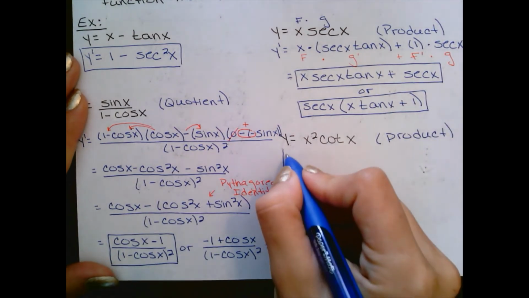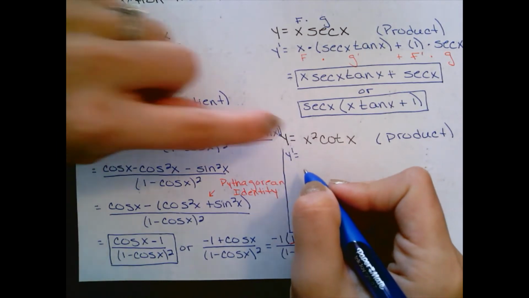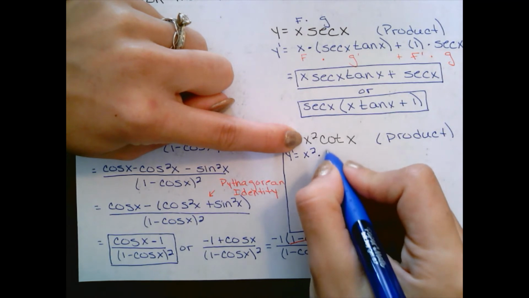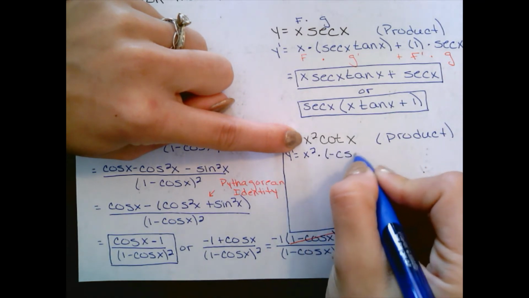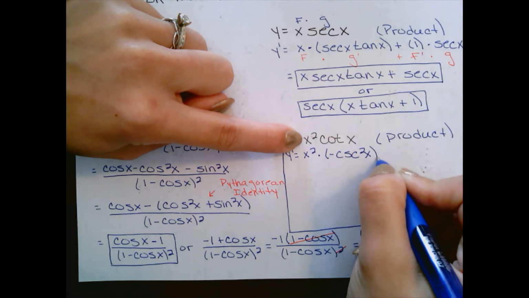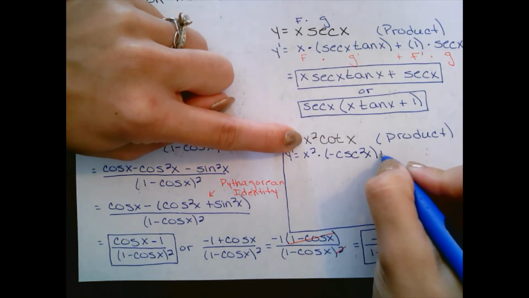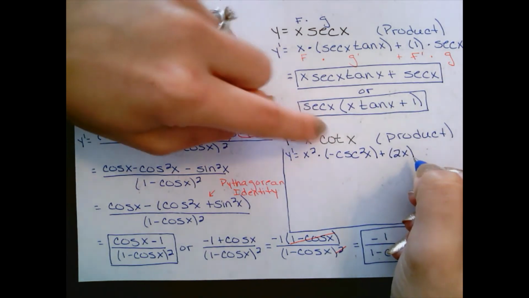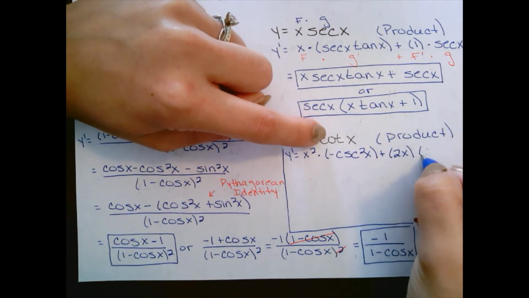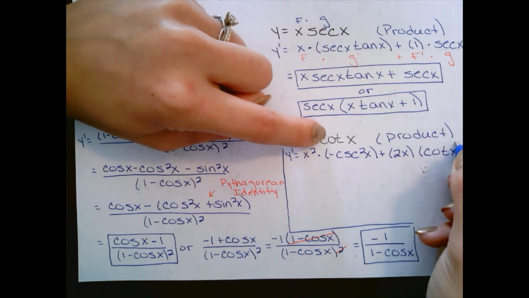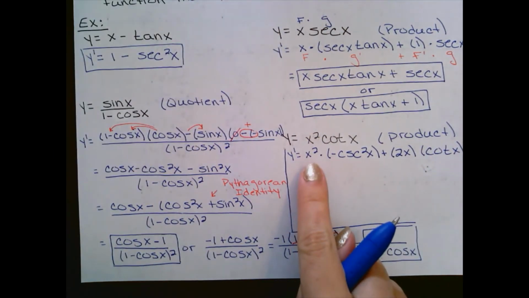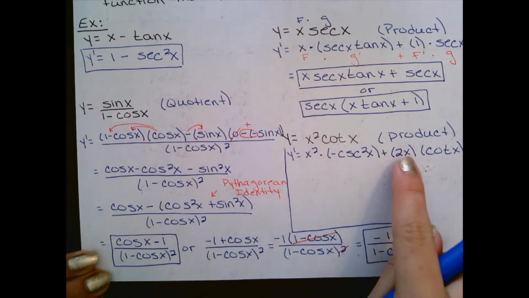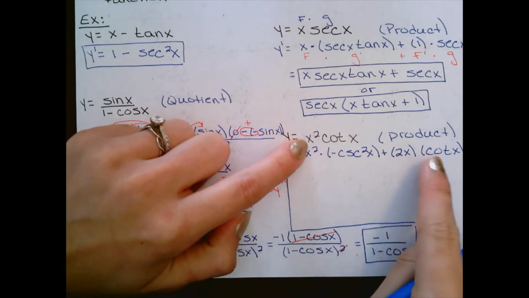Okay, so y prime is rewrite the first times derivative of the second, and I'm just going back to my chart for that, plus derivative of the first times rewrite the second. Okay, so one more time, original of the first, derivative of the second, plus derivative of the first times original of the second.